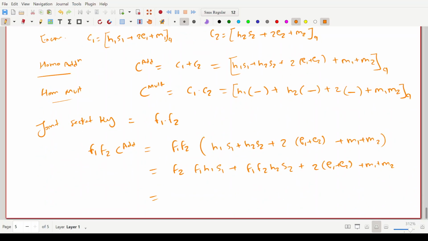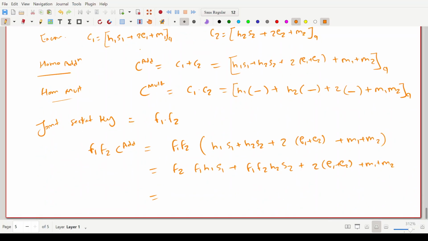So this will be F2 into F1 into 2G1 F1 inverse S1 plus F1 F2 into 2G2 F2 inverse S2 plus 2 times E1 plus E2 plus M1 plus M2.